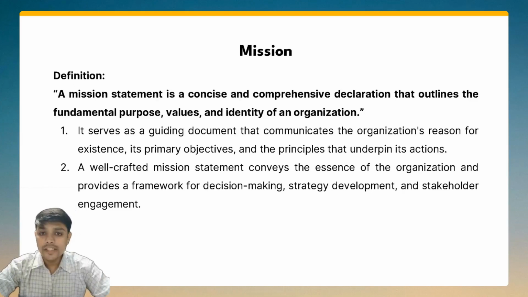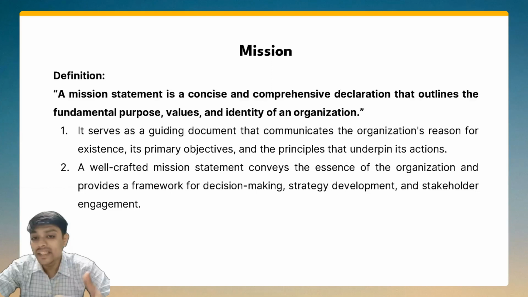So here, with respect to the definition, there are two important points. That is, it serves as a guiding document that communicates the organization's reason for existence, its primary objective, and the principles that underpin its action. Now here, when we talk about it being a document that guides and communicates the organization's reason for existence, that is what we have talked about.